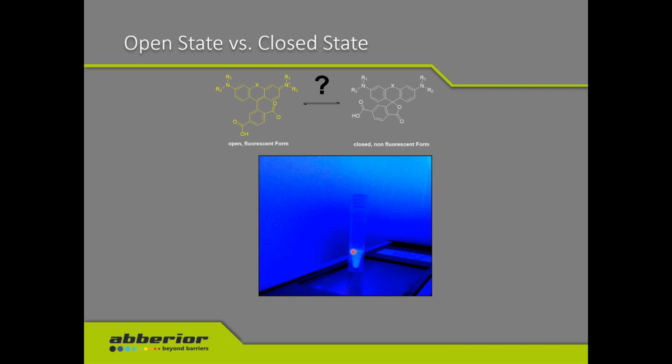Because the environment is very unpolar, our fluorophore exists predominantly in the closed form, and therefore we see no fluorescent signal at all. If we now change the polarity of our environment from unpolar to very polar by, for example, adding water to it, then we see a shift from the closed form to the open form.